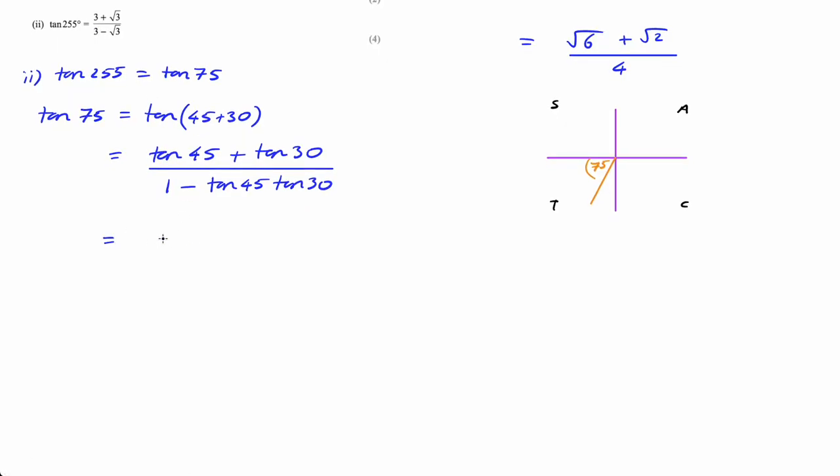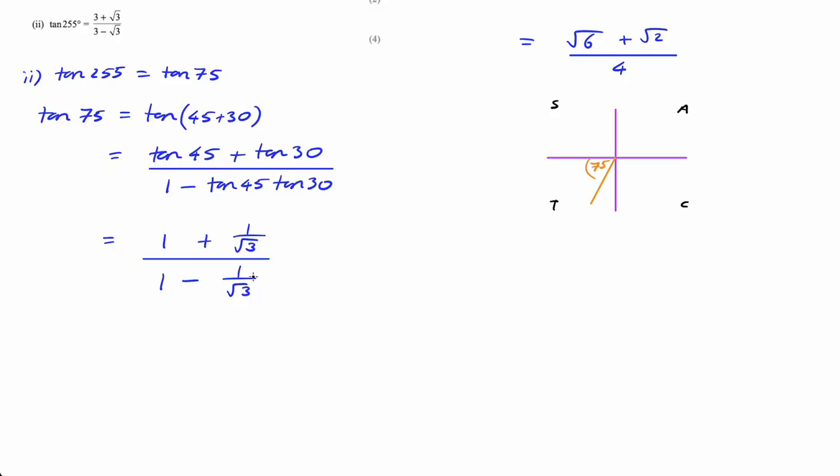This is equal to 1 plus tan 45 is 1, tan 30 is 1 over root 3, all over 1 minus 1 times, and that's also 1 over root 3.